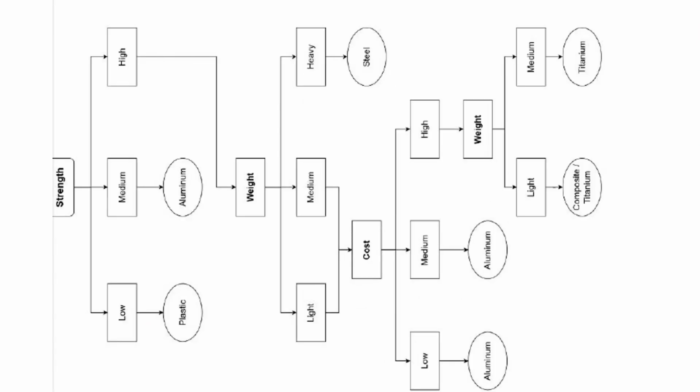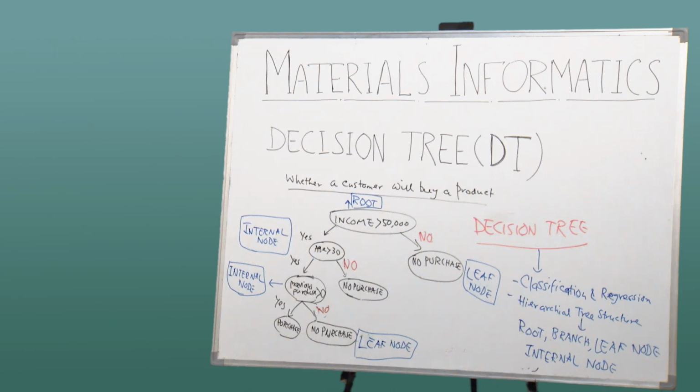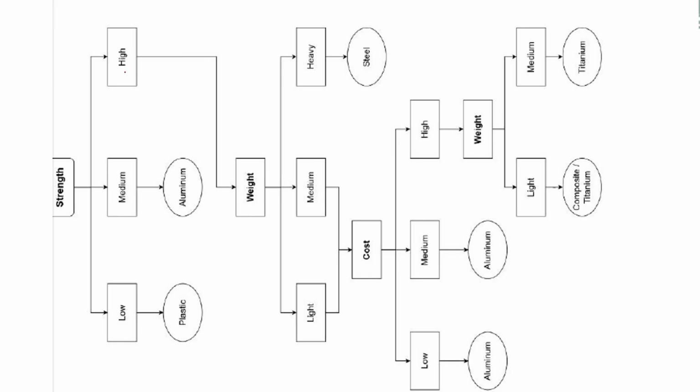I go back to this upside down tree. You have strength as the root, like here you have a root of income, and you are dividing low, medium, high strength. So, plastic has a low strength, aluminum has a medium strength, steel has a high strength, right. And then from the next category is the weight, the next feature.